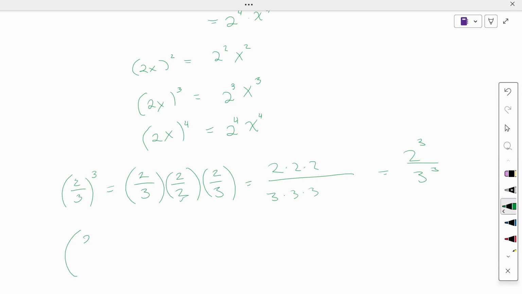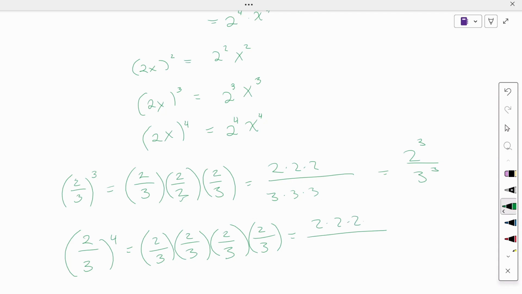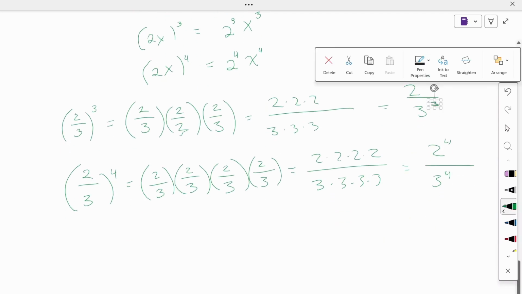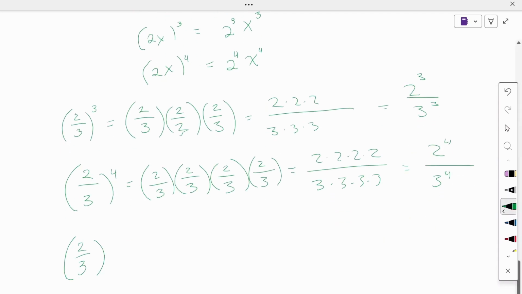And so if you had 2/3 to the 4th power, this same pattern of things multiplying across the top would occur, except now you've got four 2's and four 3's multiplying with each other. So you get 2 to the 4th on top, 3 to the 4th on bottom.